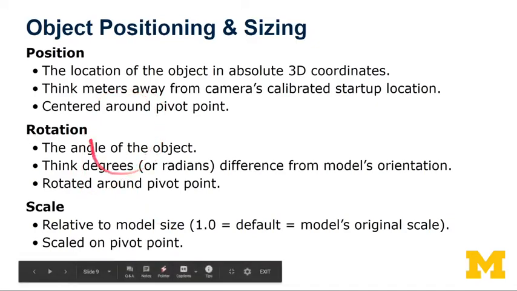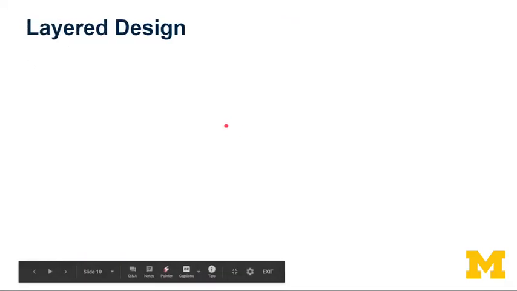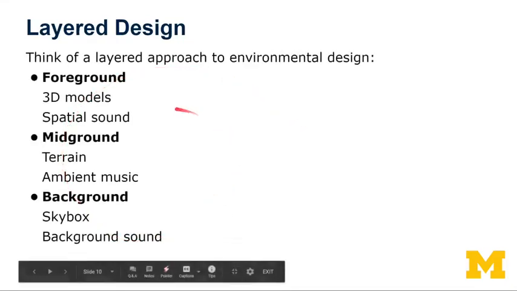So you probably spend a lot of your time and effort in the honors track, at least, getting object positioning and sizing right. If you haven't had that experience of really building your own scenes, then trust me, this is where a lot of the issues are.